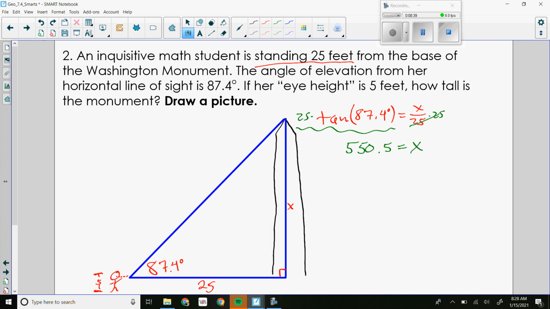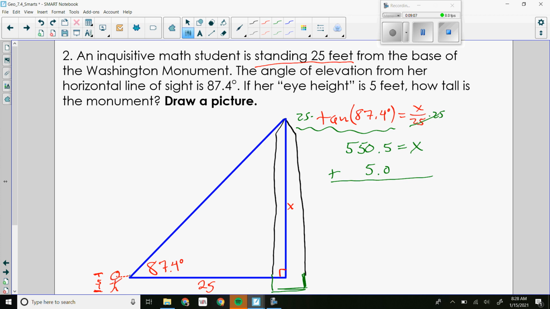But the one thing that we forgot is that her eye height is 5 feet tall. So I actually have to add in, this one's kind of tricky and weird, 5 more feet here, and that will be the total height of the monument. Because if she's just looking straight at the monument, the base is actually 5 more feet down.